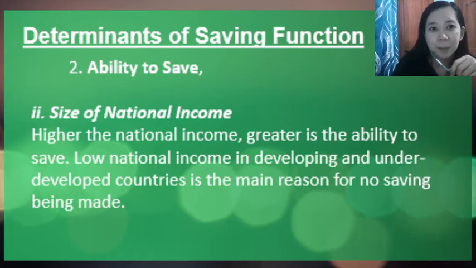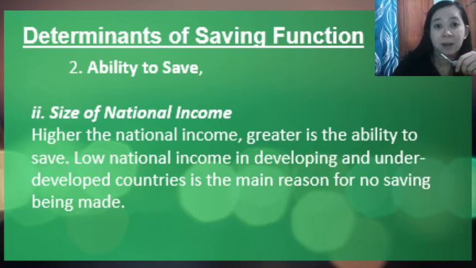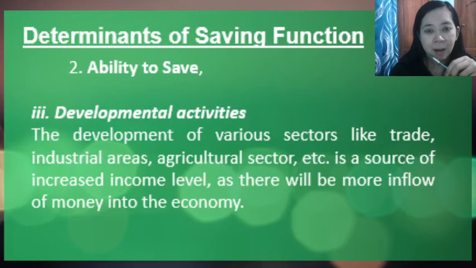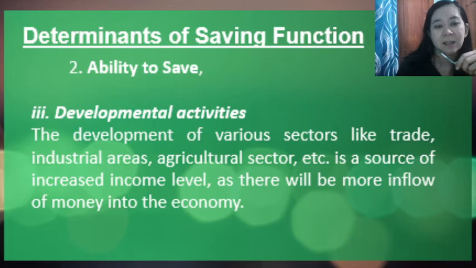Of course, national income also reflects the individual income levels. So we can see, based on the national income, if the population is able to save based on the level of the income being earned.